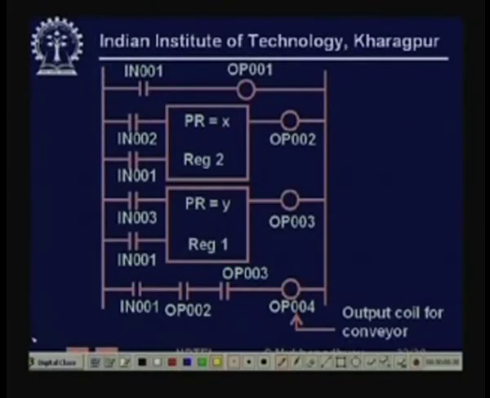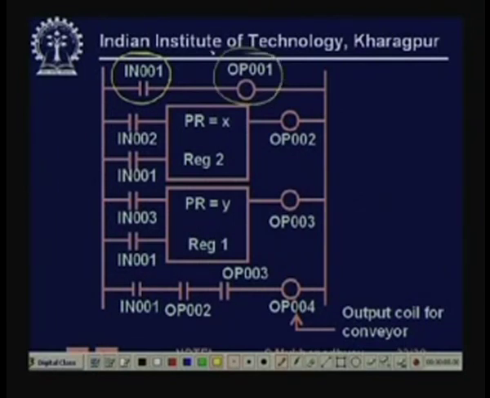So what is the logic? This is an example of using counters. You see that we have two counters. First of all, this is the master switch. The moment it goes on, this output is asserted.